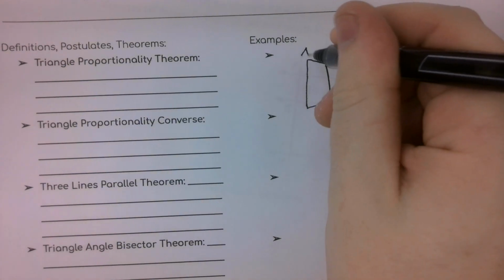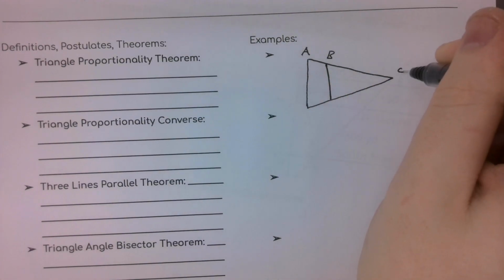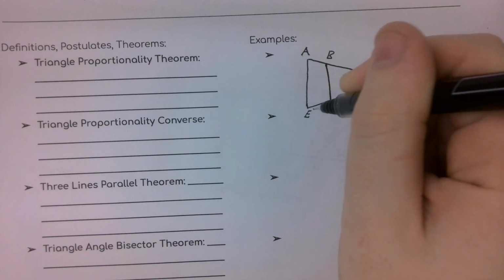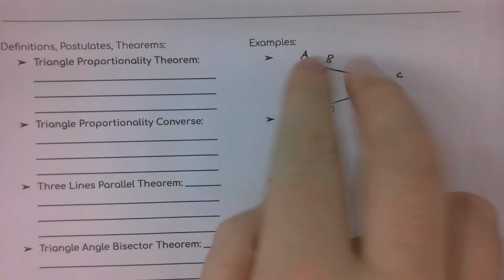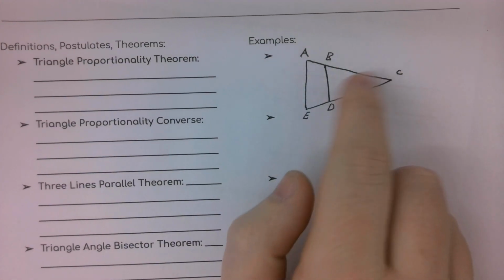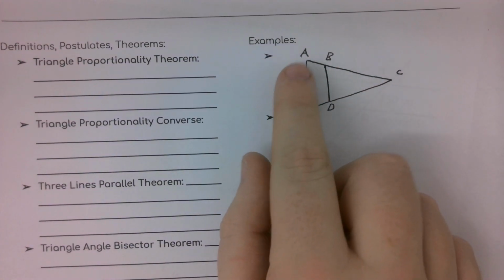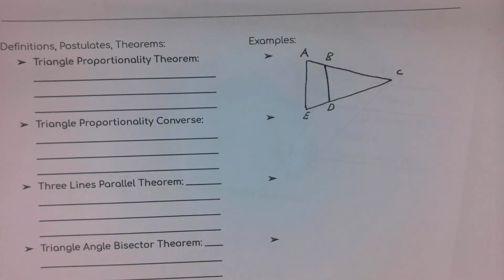I'm going to label this triangle A, B, C, D, E, like that. Now we end up with two triangles: a small triangle, BCD, and a larger triangle, ACE.